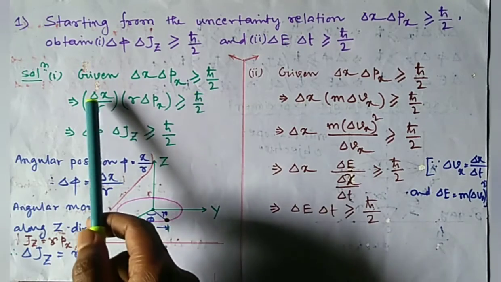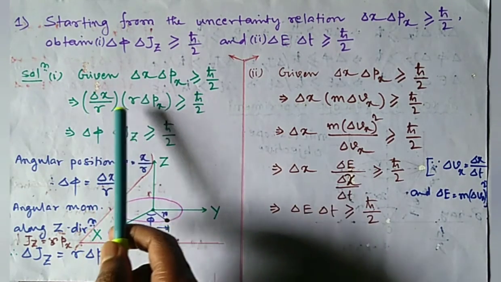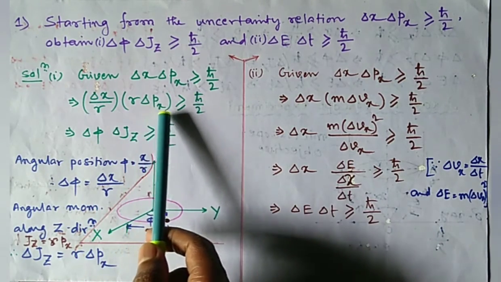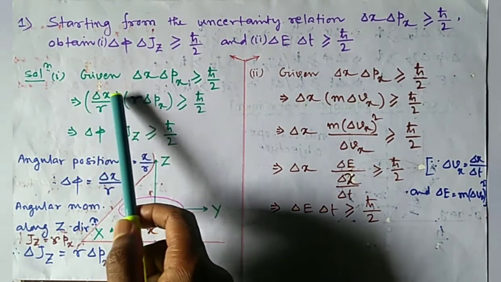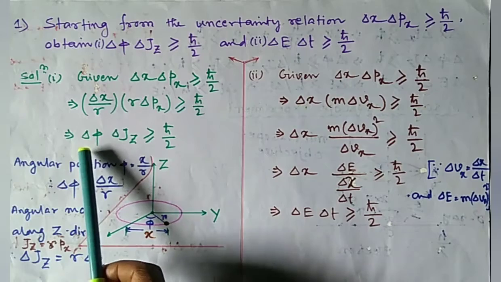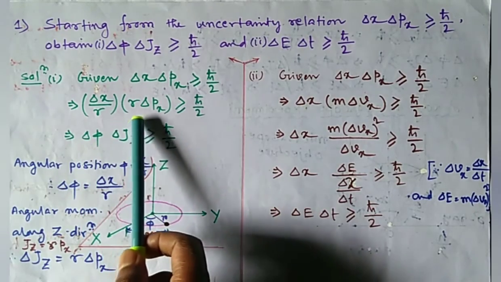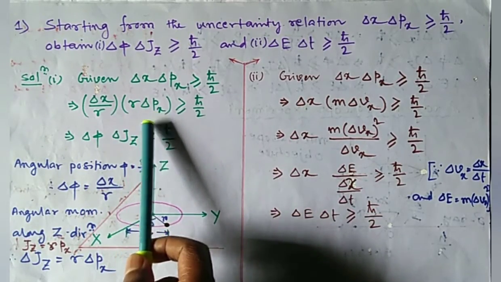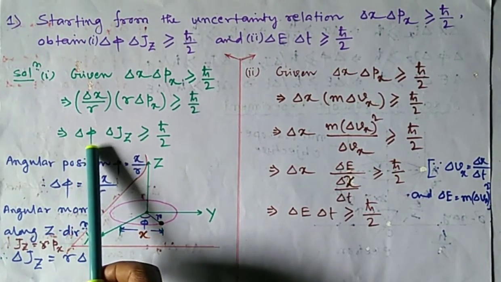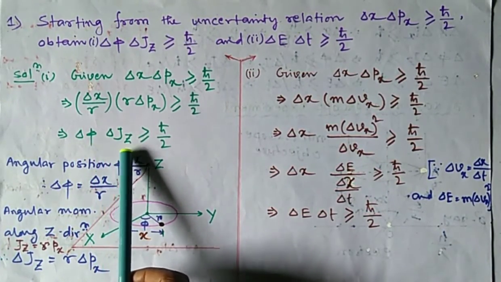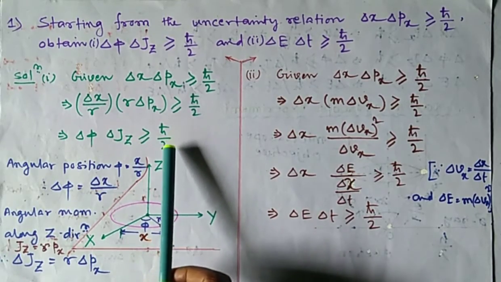So we may write delta x by r into delta px greater than or equal to h bar by 2. Now delta x by r is equal to delta phi and r into delta px equals delta Jz. So delta phi into delta Jz greater than or equal to h bar by 2.